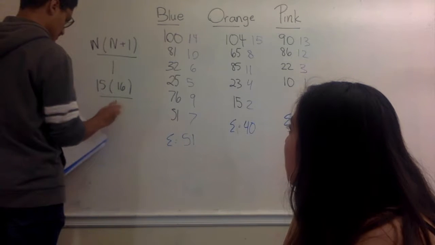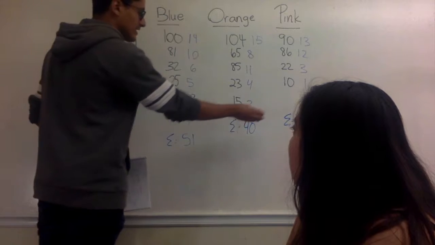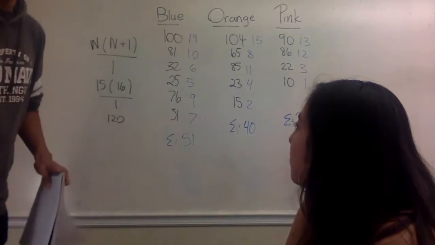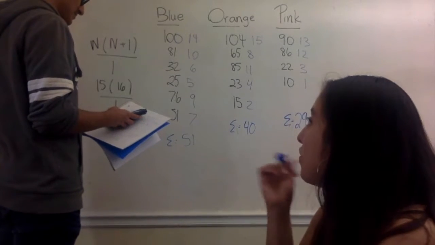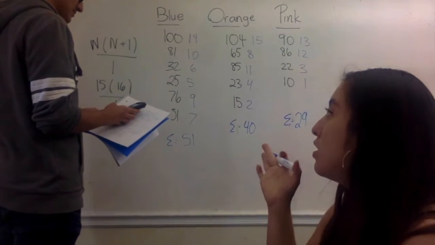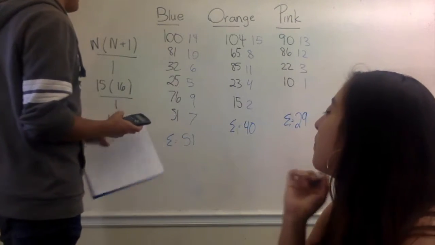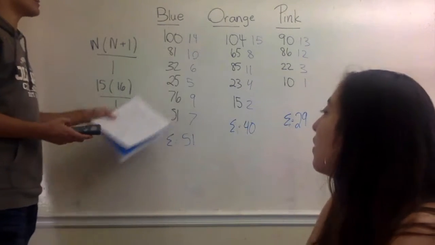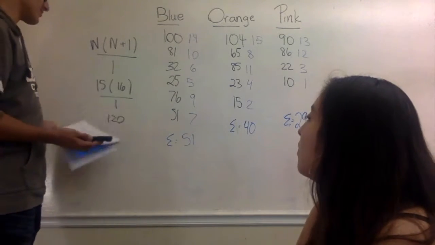And so we should get 120. So if we add up 51, 40, and 29, so when we do the math, this is just for checking the numbers. It's not the actual equation for the Kruskal-Wallis, right? That's right. First we have to do all this background work in order to get the numbers we're going to use. And so if we add all that, it's 120. So we're on the right track.